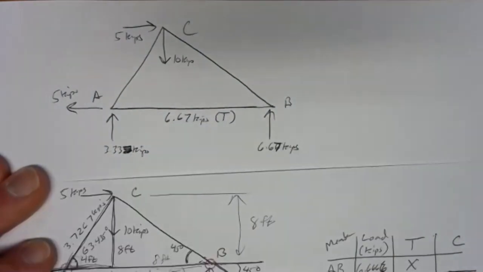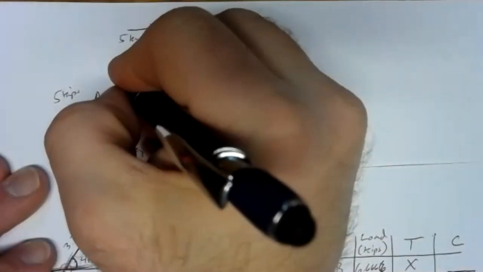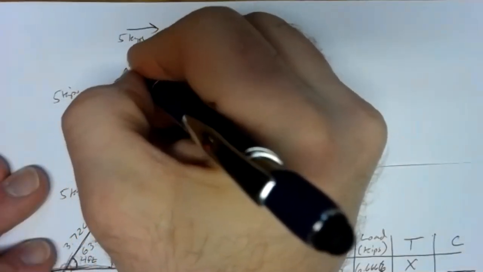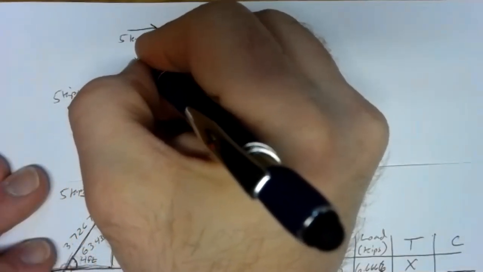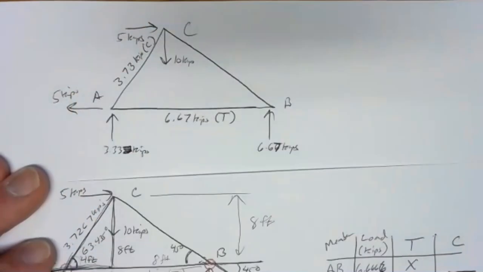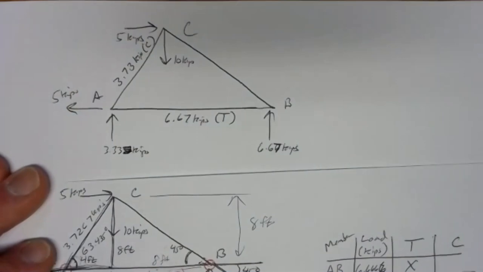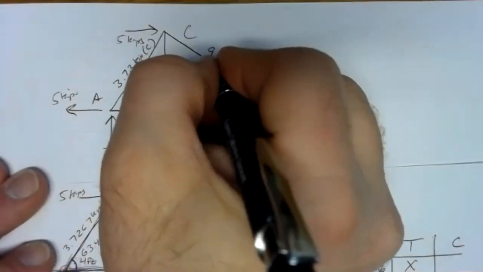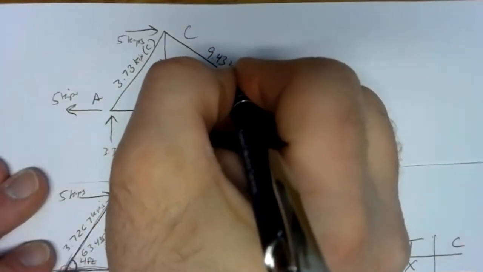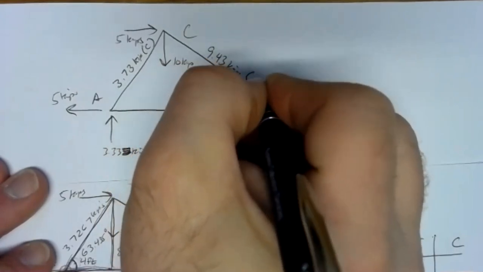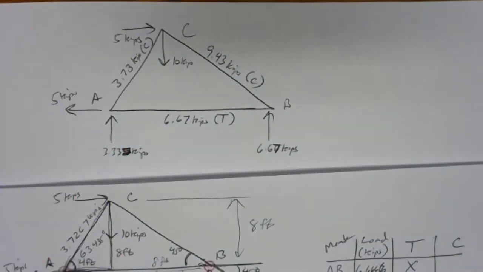Member AC was 3.73 kips in compression. So parentheses with a C, and then 9.43 kips in compression.